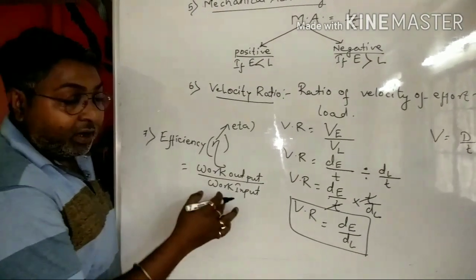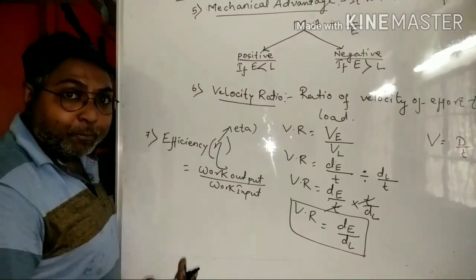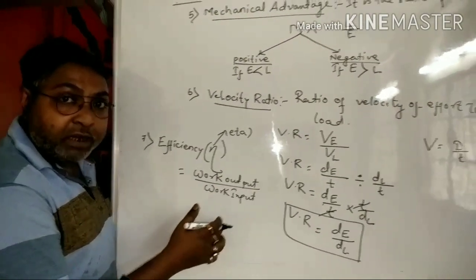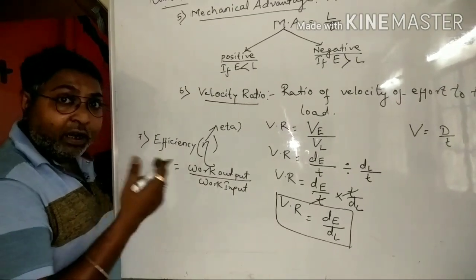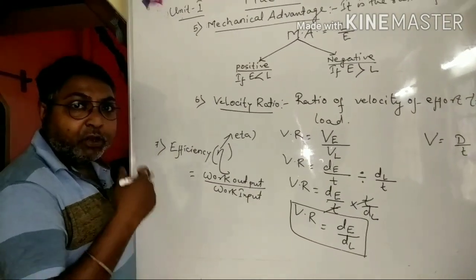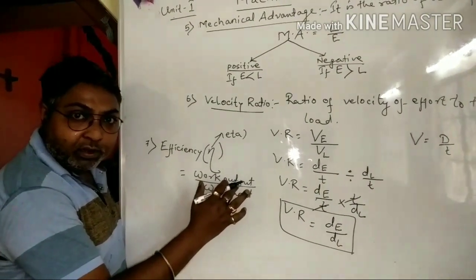It means the ratio of work output by work input: how much work has been done on the machine, that is work input, and since work has been done on the machine, obviously the machine is going to do work, and that is the work output.